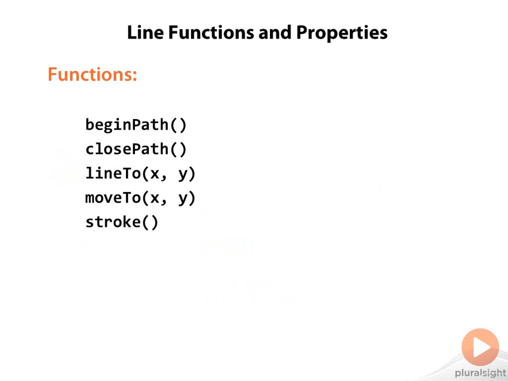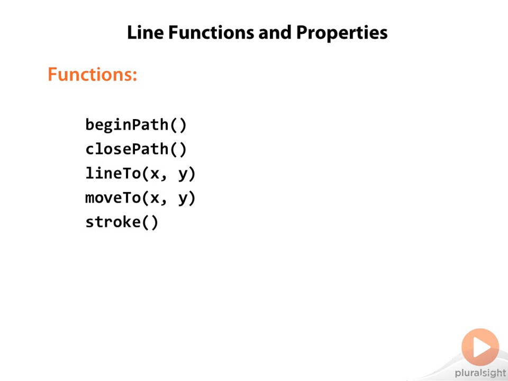So here's a quick run through of some of the key line functions that you might use as you work with the canvas. Begin path we've seen before. It simply tells the canvas we're about to start connecting some dots. Close path is a way we can close that path explicitly if you'd like. Line to and move to generally go together. Move to is where you'll specify the x and y coordinate of where to position the brush, if you imagine yourself with your hand holding a brush and going up to the canvas.